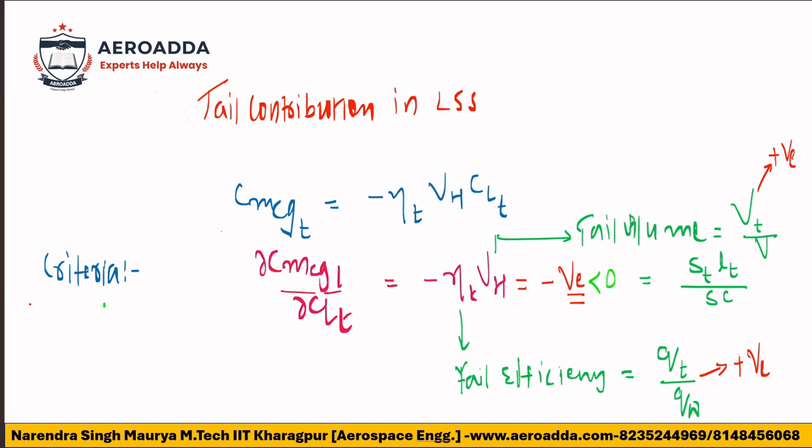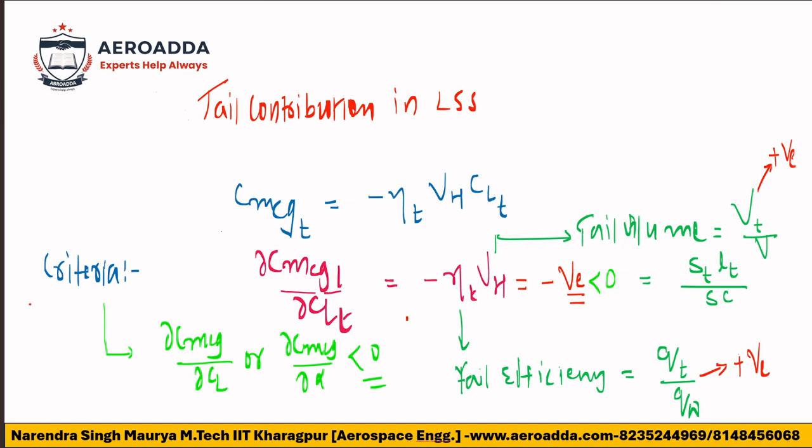So already I have told you the stability criteria. What was the stability criteria? That dou CM CG by dou CL, or also dou CM CG by dou alpha, it doesn't matter whether it is for tail or wing, both must be negative for the stability. So the overall thing is that the contribution of the tail will always be positive.